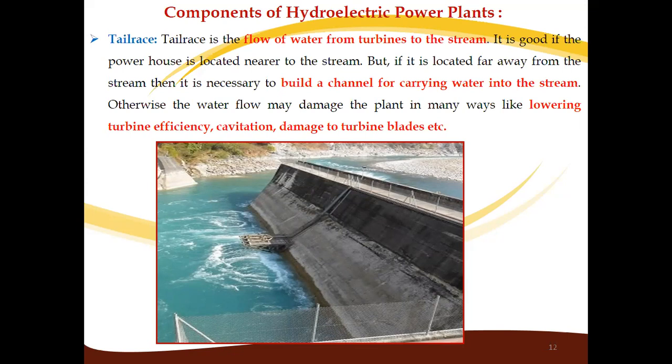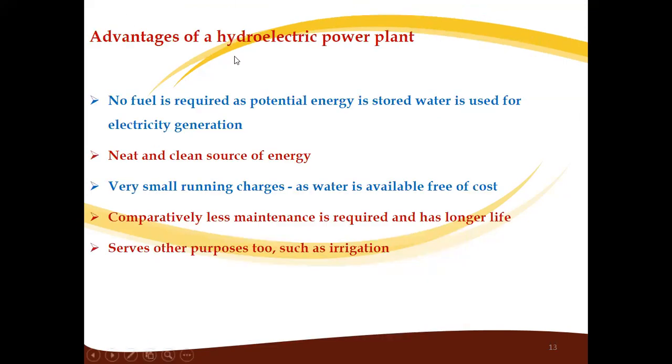Now, the next point is the advantages. The first advantage is that in a hydroelectric power plant, no fuel is required, because we store the water in a dam, and from that stored water we get potential energy. We convert that potential energy to kinetic energy, then mechanical, and then electrical energy for power generation.